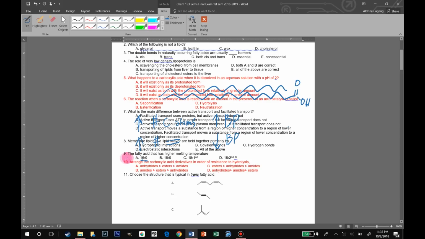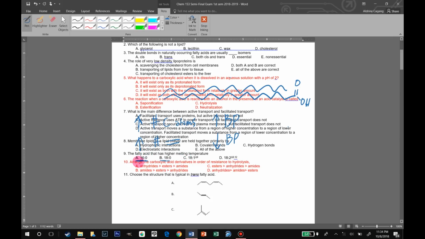So for number 9, the fatty acid that has a higher melting temperature, that is going to pertain to the fatty acid that is the longest in structure. So you have here letter A and letter B. Both of them are in comparison.